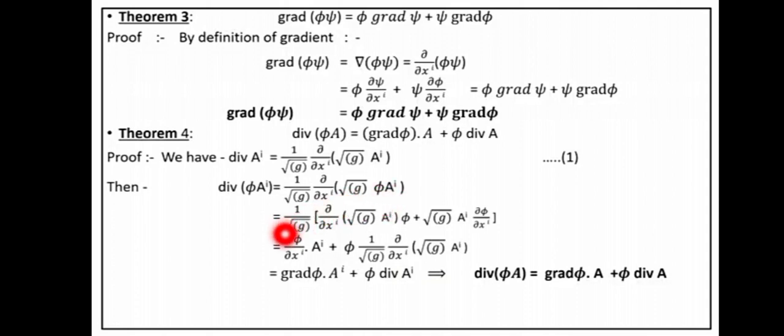So here we get 1 upon root g ∂/∂xi of (root g a^i φ), which expands to ∂φ/∂xi a^i plus φ times 1 upon root g ∂/∂xi of (root g a^i).